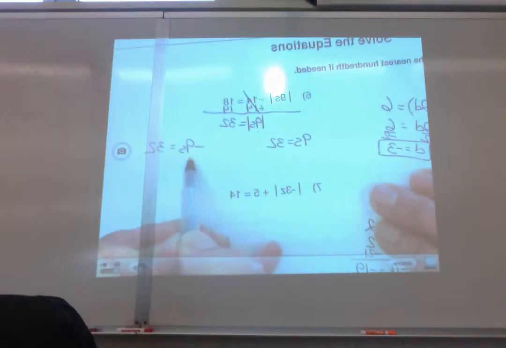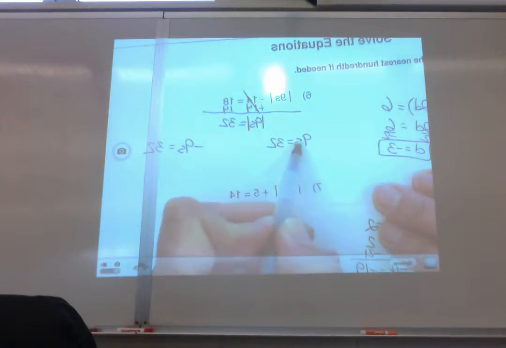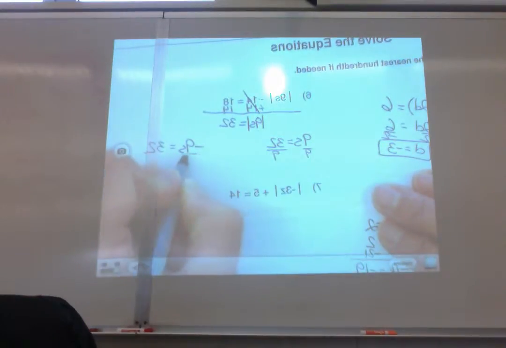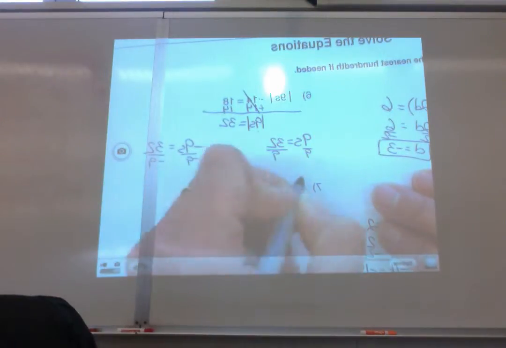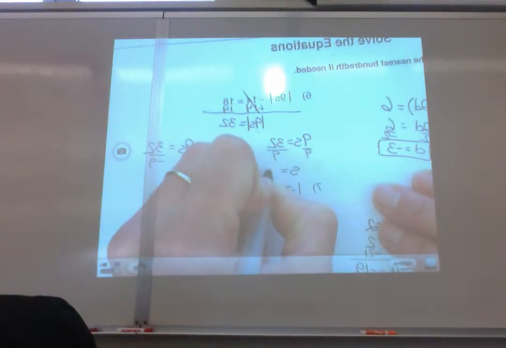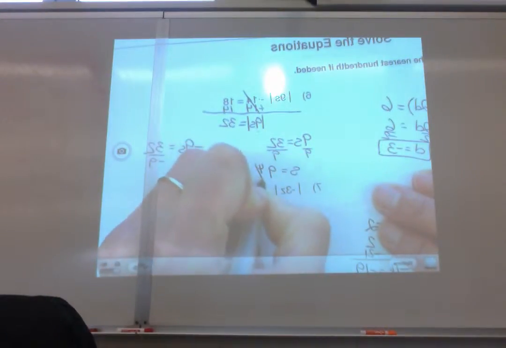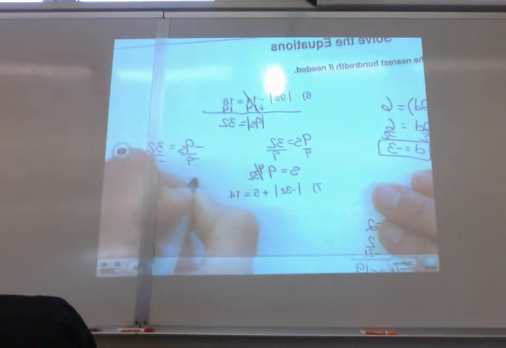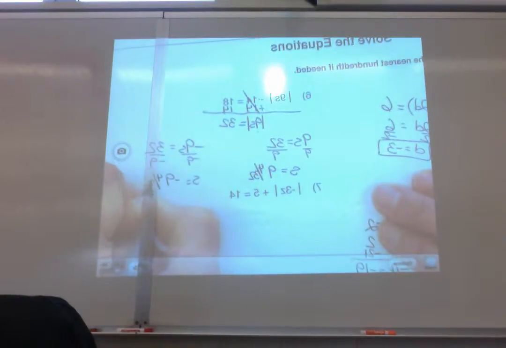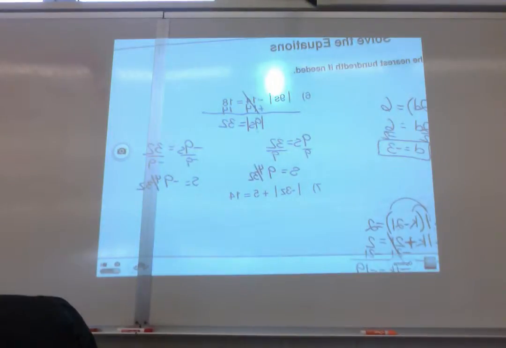In both cases, it's a one-step solve. 9 times s, so I need to divide. It doesn't go evenly. It's going to be a fraction. What's the fraction, Brody? It's 9 and 4 32s. Okay, 9 and 4 32s, or negative 9 and 4 32s. Okay?